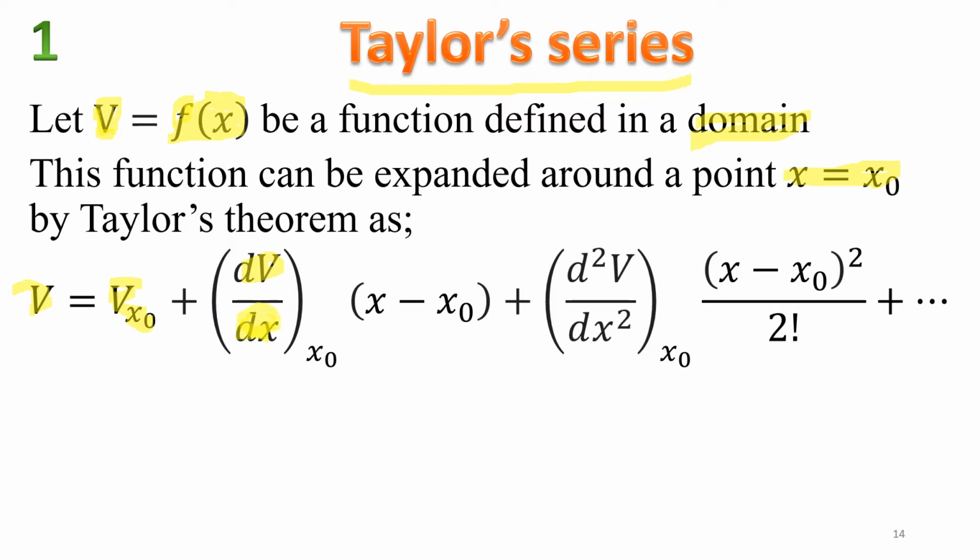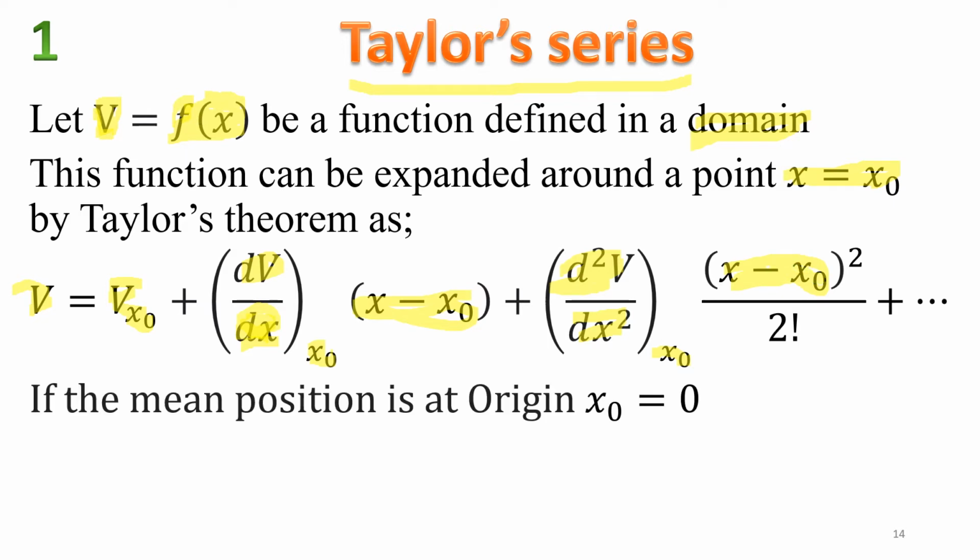So dV by dx at x0 into (x minus x0), plus d2V by dx square at x0 into (x minus x0) square upon 2 factorial, and so on and so forth.